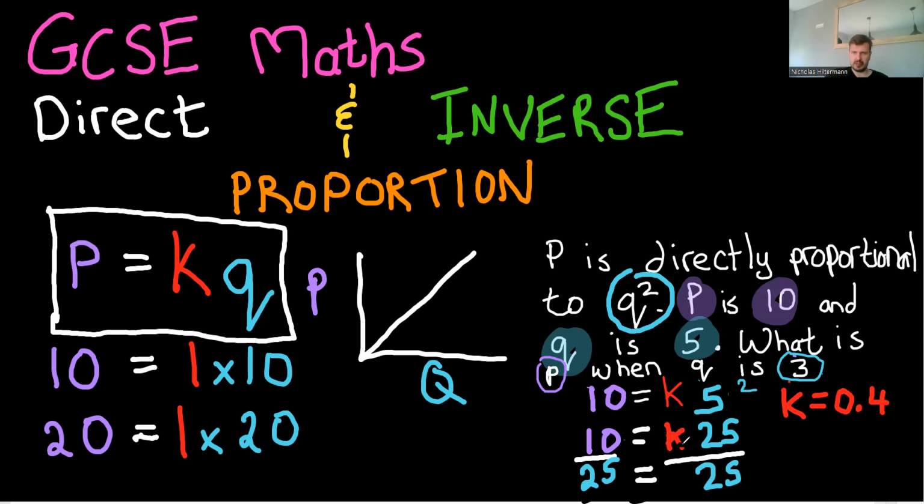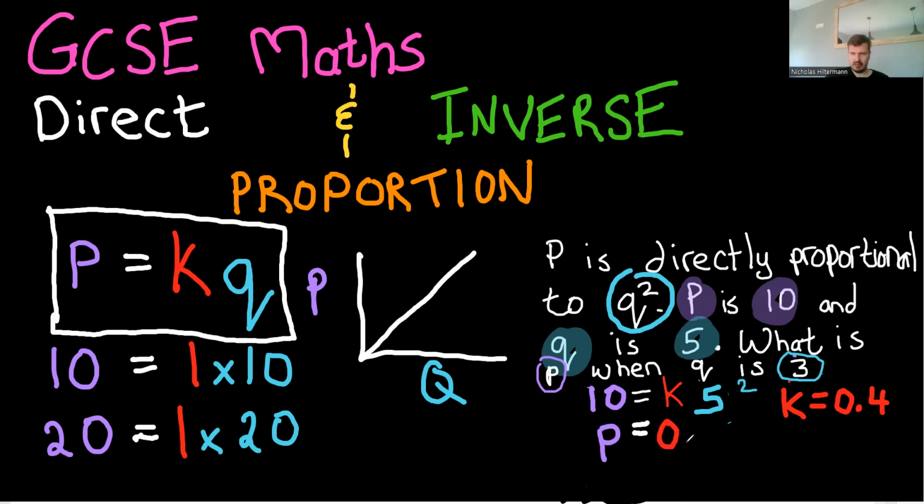So now we know what K is. The next step is to figure out what P is when Q is 3. So P equals, and now we know K was 0.4.